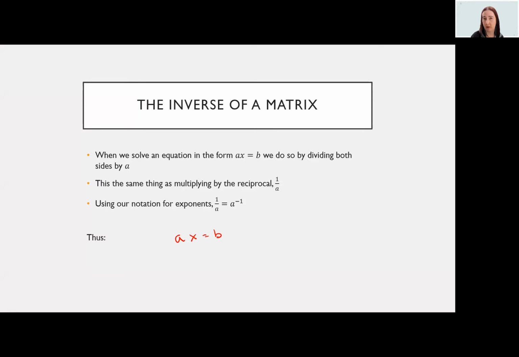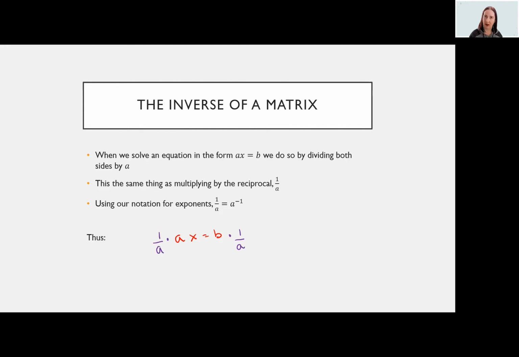So when we're solving that just outside of matrices, just regularly solving for X, you're dividing both sides by A. And that's actually the same thing as multiplying by the reciprocal 1 over A. So I'm going to just write that here. So you're multiplying both sides of your equation by 1 over A, and that would just cancel out A. We normally write it as division. We don't normally write 1 over A.